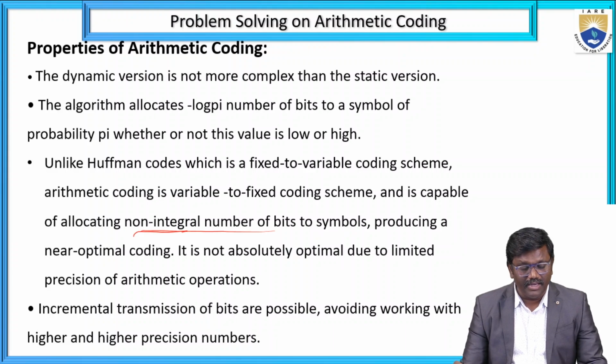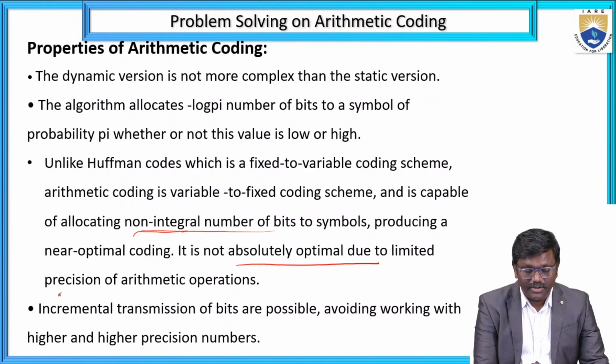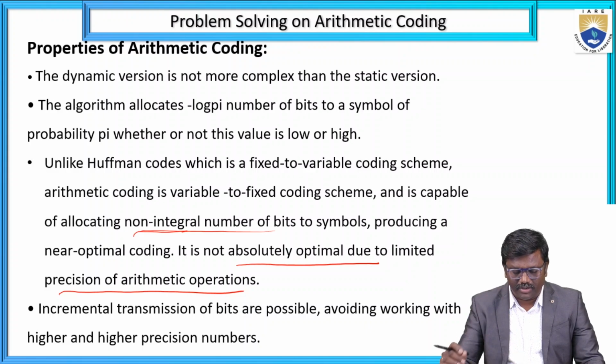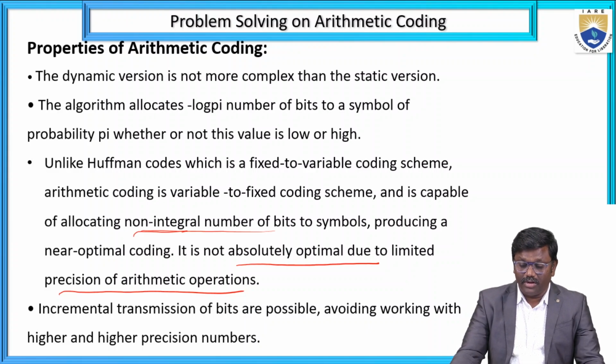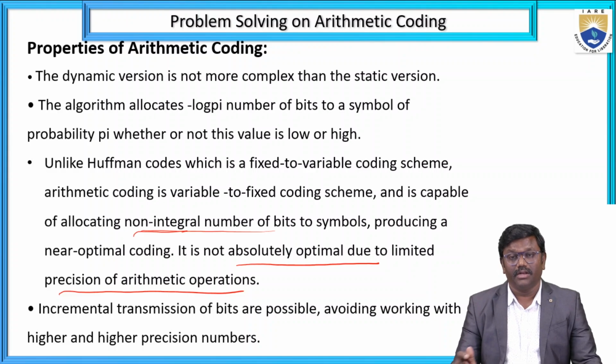So it produces a near optimal coding, though not absolutely optimal due to limited precision arithmetic operations. Incremental transmission of bits is possible, avoiding working with higher and higher precision numbers.